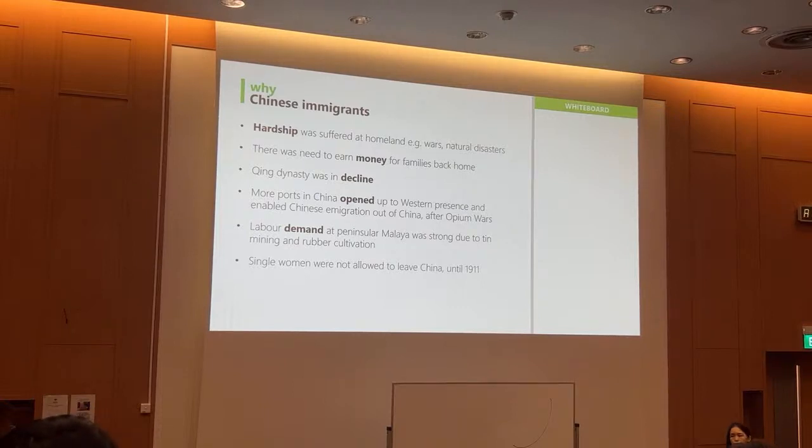But as we said, concessions made due to the Opium War caused China to open up certain ports to allow Chinese people to travel overseas and also to work overseas. With the concessions being made, you have a bigger outflow of Chinese from China to other places in the world, including Singapore.